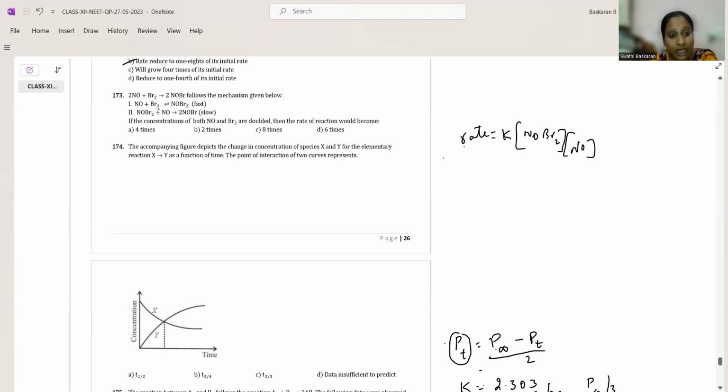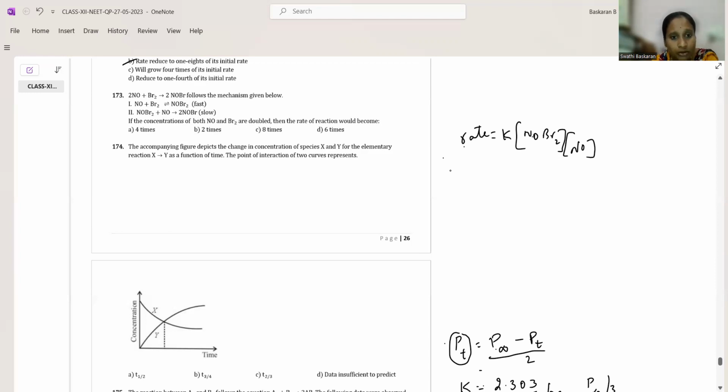So we have to look into the mechanism once again, where there is a fast equilibrium step. In the fast equilibrium step, you get the product NOBr2, and as soon as it is formed, it gets consumed in the slow step, which means it is an intermediate. Intermediates cannot become part of the rate law.